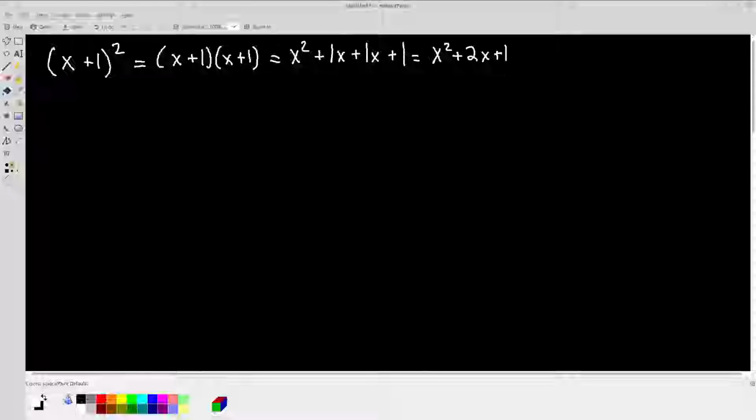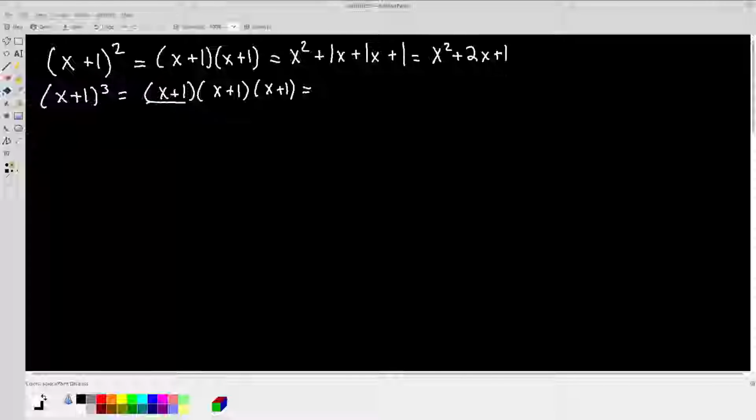It gets more fun when they ask you to take the same binomial and, instead of squaring it, cube it. You go through the same process: x plus 1 times x plus 1 times x plus 1. You can help yourself out if you're having to do, say, the first 5 or 6 of these, by looking back at the previous one you multiplied.